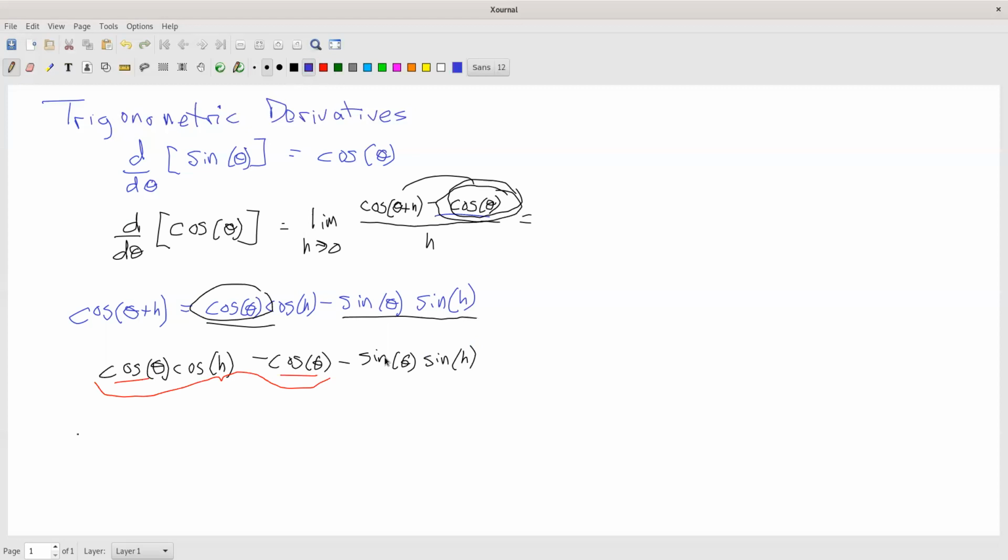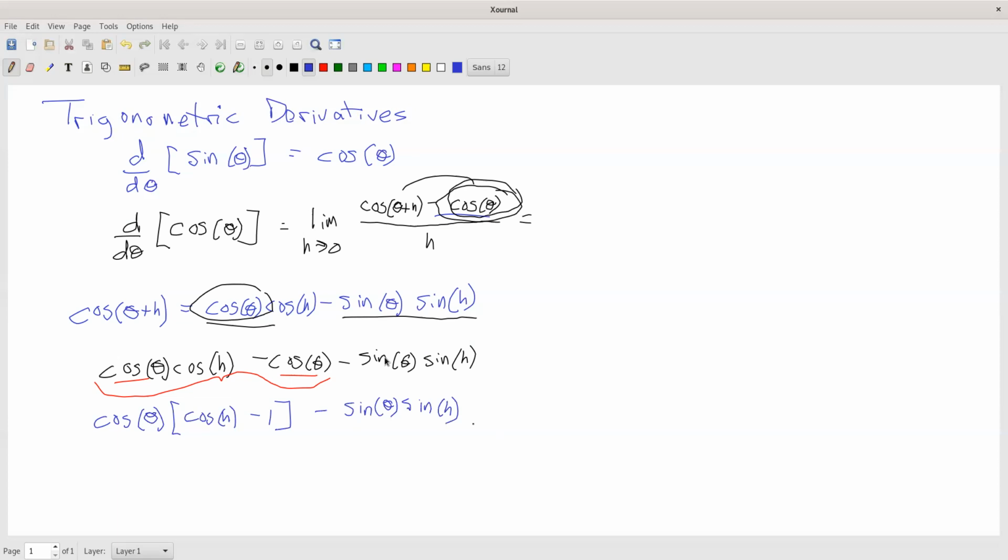So now I'm going to pull the cosine of theta just from those first two terms. And that's going to leave behind a cosine of h minus 1. And then we still have that minus sine theta, sine h hanging out. There's really not much more I can do with this, it doesn't clean up anymore. But what I can do here is divide by the h and bring the limit back in.